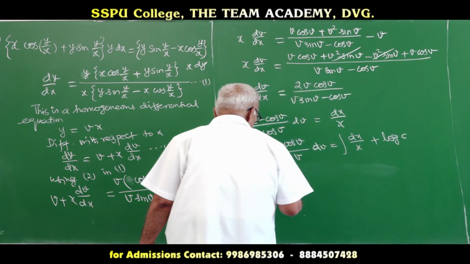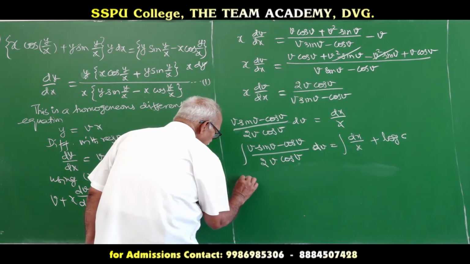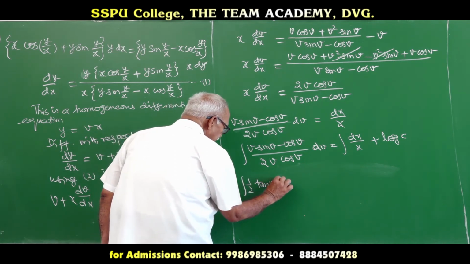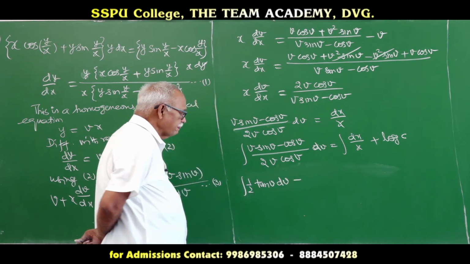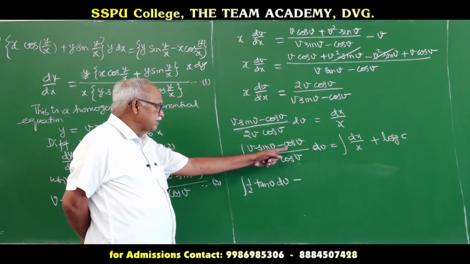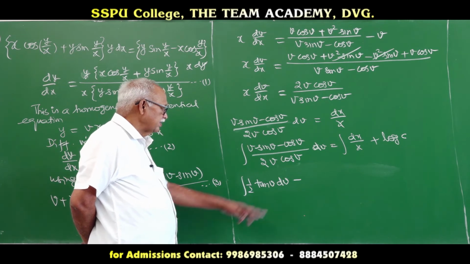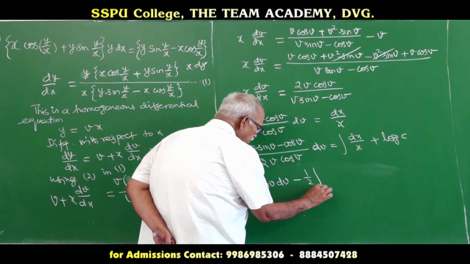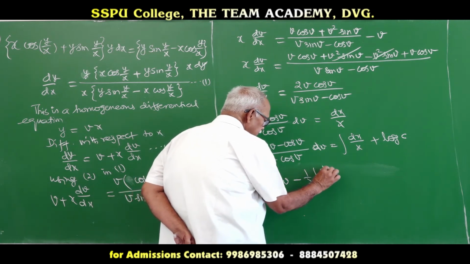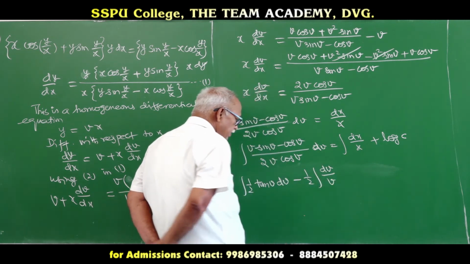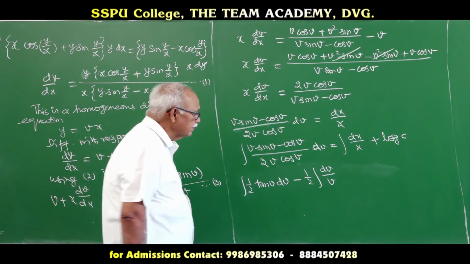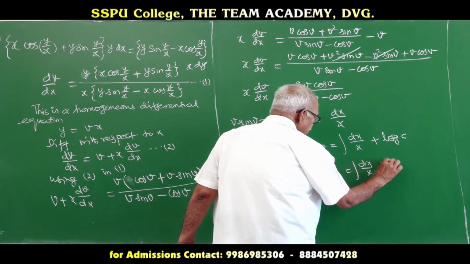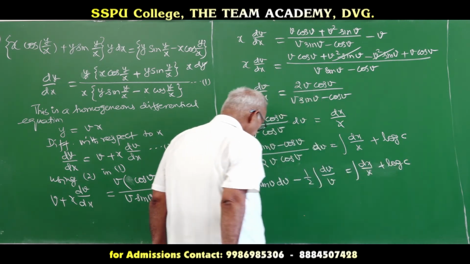V sin v, v cos v. So, first integral is 1 by 2 tan v dv minus, you can see here, cos v cancels. So, minus 1 by 2 into dv by v. So, this is equal to integral dx by x plus log c.